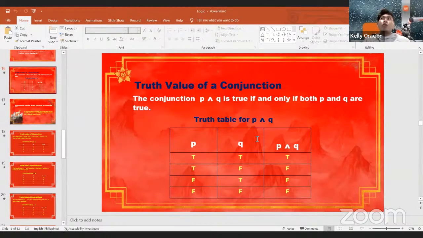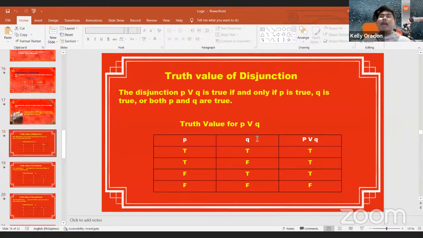So that means the whole statement is true only if P is true and Q is true. In a conjunction, if one of them is false, automatically the whole statement is false. And I gave you also an example of conjunction, which is math related, last night.